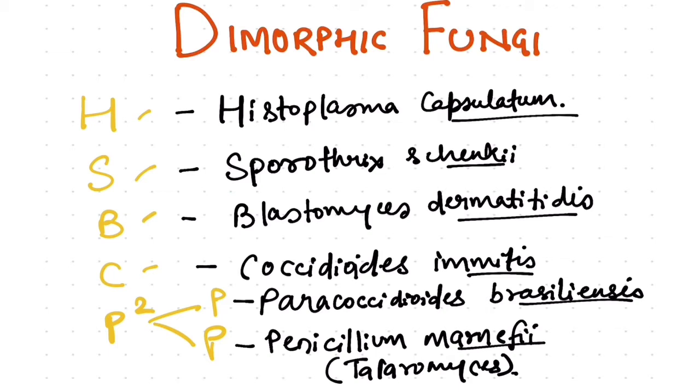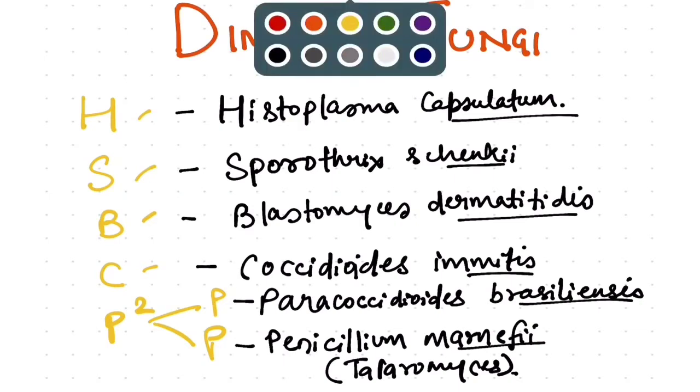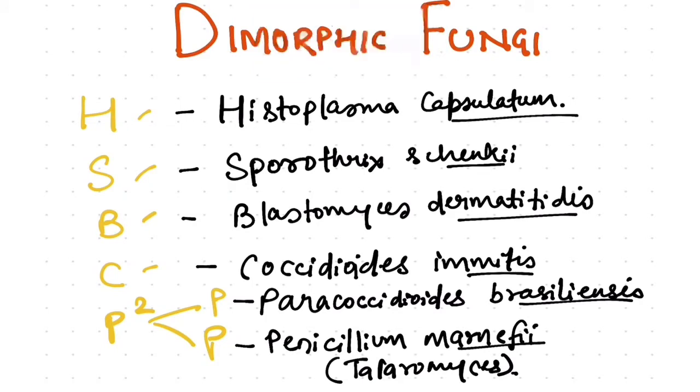So now, some common names for all of these which are often asked. Starting with the first one, Histoplasma capsulatum is also known as Darling disease or Cave disease.